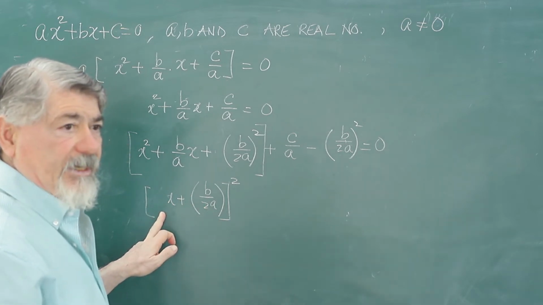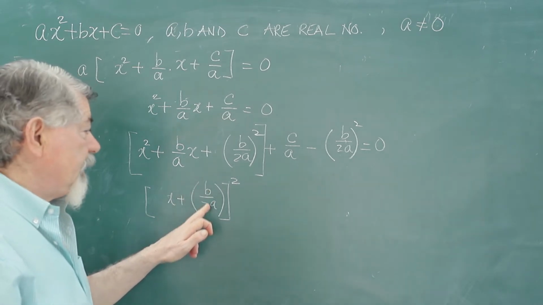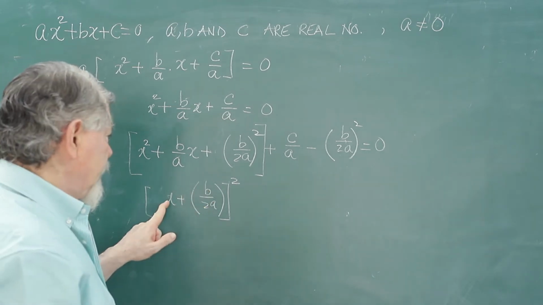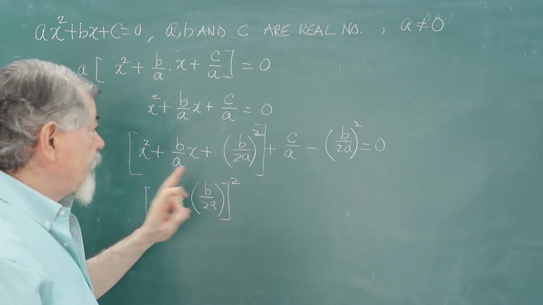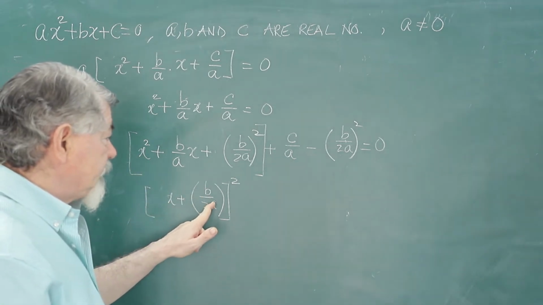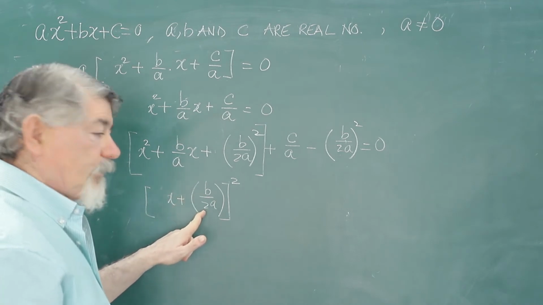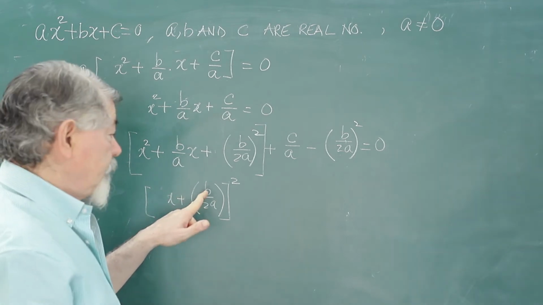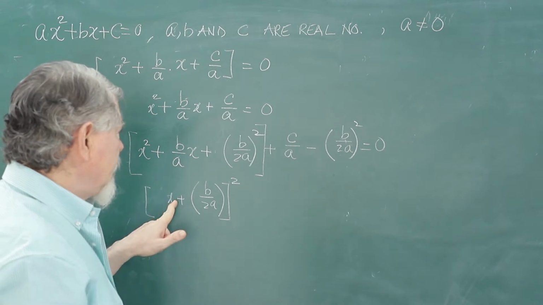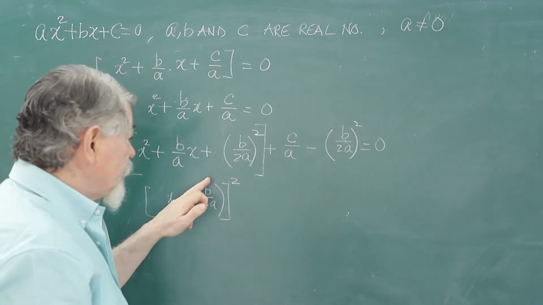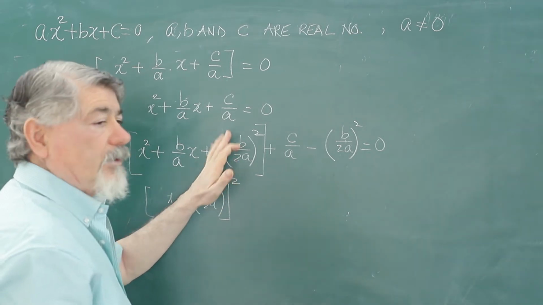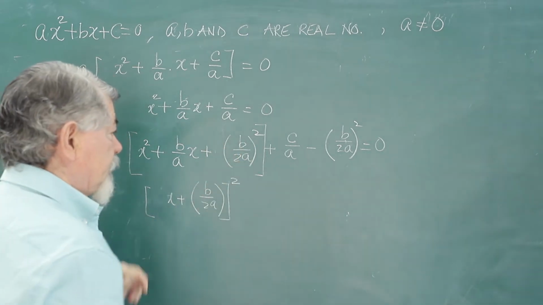In place of a, I have x. In place of b, I have b upon 2a. So a square, so x square, plus double the product of first and second term. When I multiply this and this, I'll get x b upon 2a. Double of this, into 2, so 2 will cancel. I will get b upon a x. And then the square of the second term, b upon 2a whole square. So this is a perfect square.